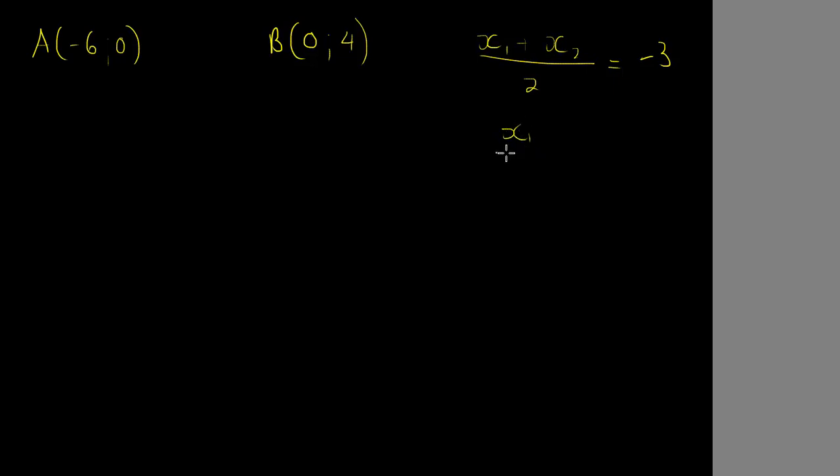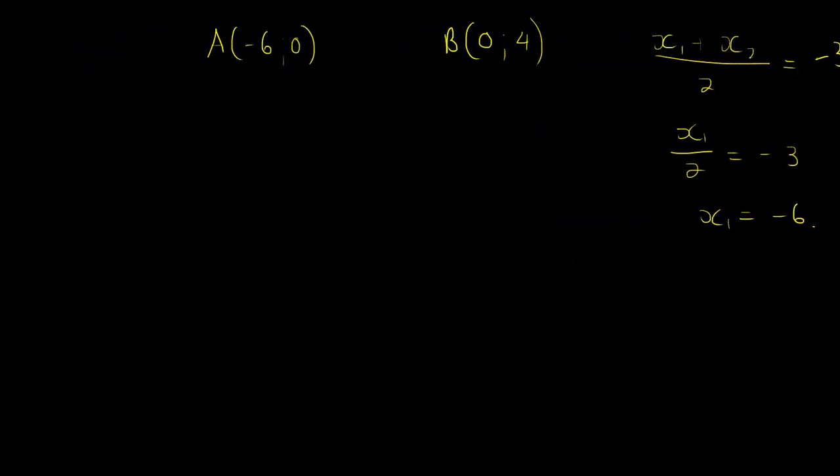So x1 over 2 is equal to -3. It's 0 because it's on the y-axis. So x1 is equal to 2 times -3, which is -6. And doing the same with the y value. But you could have found it by inspection as well. The first 2 marks went for finding those intercepts. And then from here on, it's trivial.